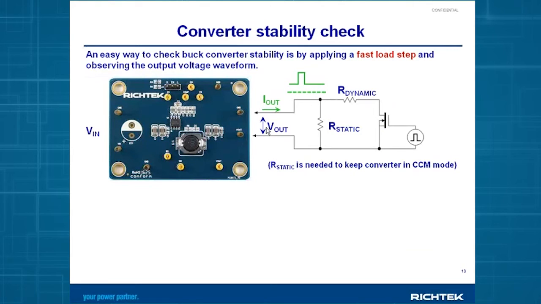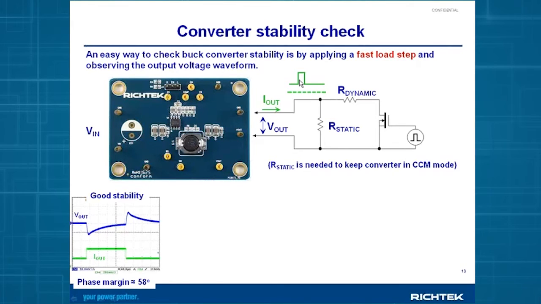Normal electronic loads are normally not fast enough to do this. So I use an external circuit which has a MOSFET switch, a dynamic load resistor, and a static load resistor. The static load resistor is needed to put the converter into continuous conduction mode. You can only measure stability in continuous conduction mode. You should not use PSM mode for stability measurements.